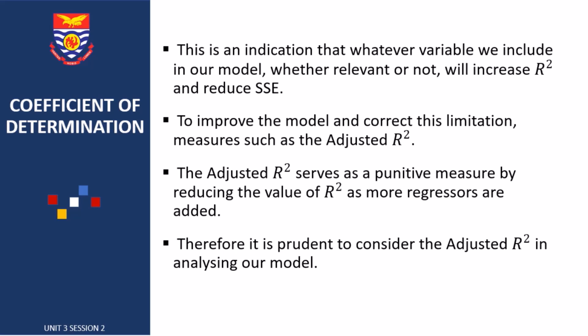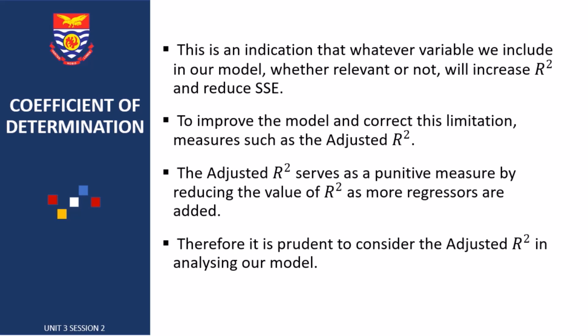Therefore, we have to find a measure to limit the level at which we add these parameters or these regressors in estimating our model. Because we earlier mentioned that in the ordinary least squares, the aim is to find a model or an average value that can explain the behavior of the population, the whole.